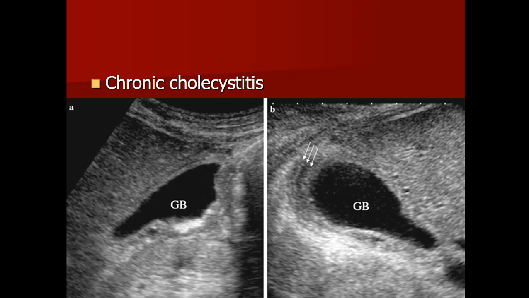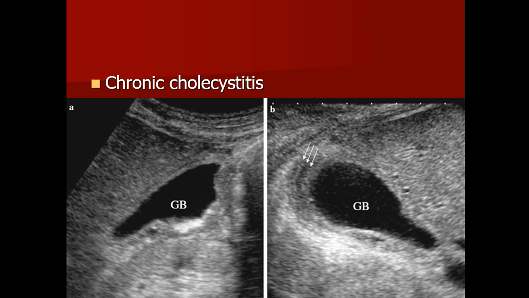Now we move on to chronic cholecystitis. That's the fourth stage if everything goes right. Chronic cholecystitis occurs after the repeated occurrence of mild cholecystitis attacks and is characterized by mucosal atrophy and fibrosis of the gallbladder wall. It can also be caused by the chronic irritation of large gallstones and may often induce acute cholecystitis.